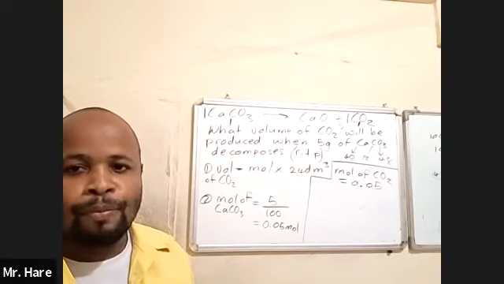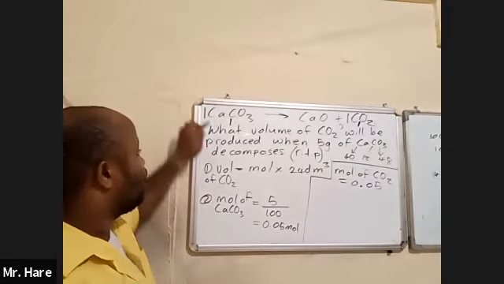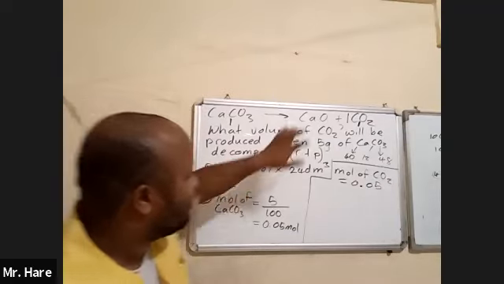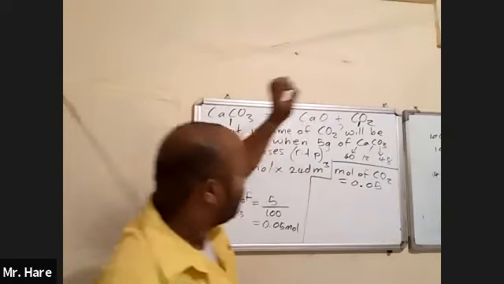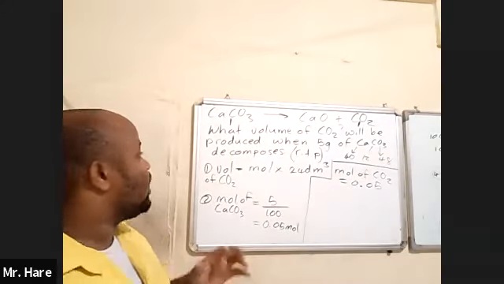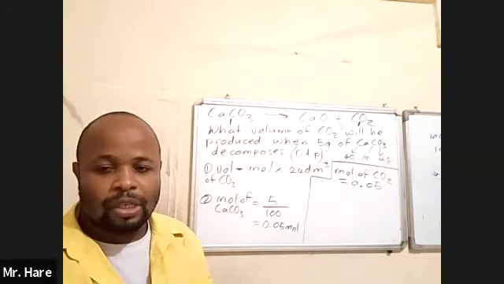Sometimes you will have to balance it. But you will never see a 1 in the equation. Only 2 or more. So because it's a 1-to-1 mole ratio, the same amount of moles of calcium carbonate is the same amount of moles of CO2.